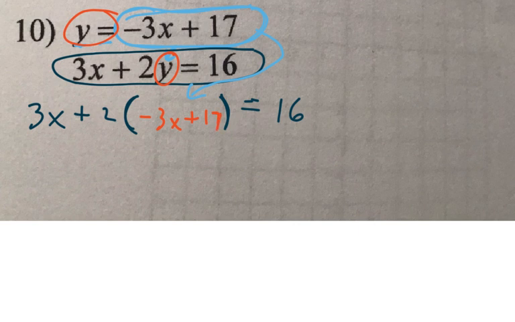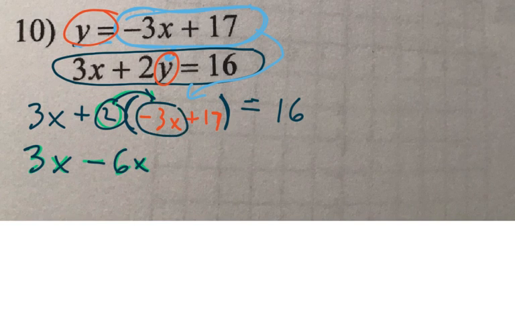So notice I do have this 2 in front, guys, that I have to distribute. So I have 3x minus 6x, since 2 times negative 3x is negative 6x. I also have to do 2 times 17, which is plus 34.